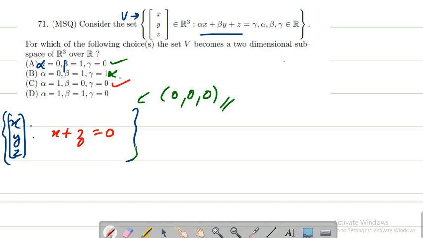So it's also an answer. Coming to the last option, that is alpha is equal to 1 and beta is equal to 1, so we get something like x plus y plus z equal to 0. So this is again another plane which passes through this particular origin. So this is also a correct option.